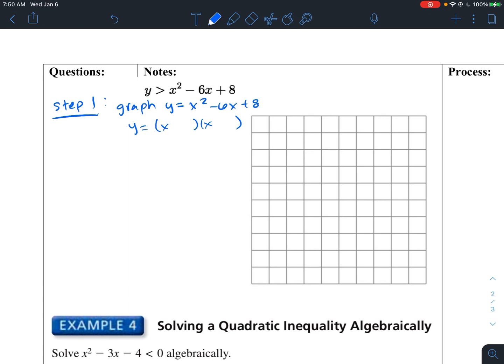But then if they add to be negative 6, it has to be minus 4 and positive 2. So these are my factors, which means they are my x-intercepts. So x minus 4 is equal to 0, and x plus 2 is equal to 0. So then x is equal to 4, and x is equal to negative 2.